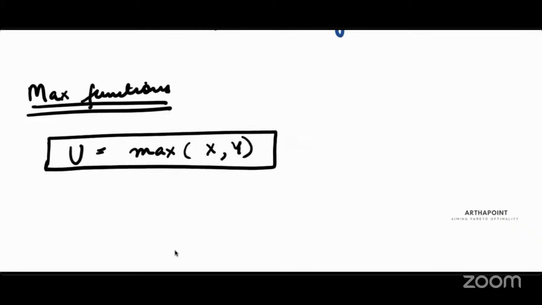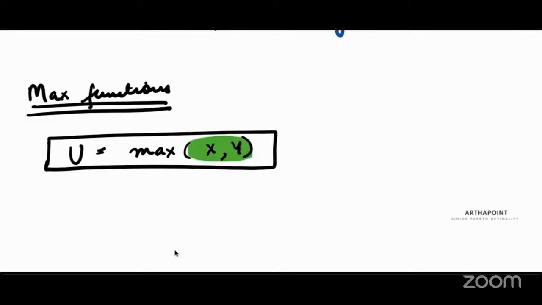What is one property of these max functions? These functions represent goods which give you positive utility. However, the two goods cannot be consumed together. For example, milk and wine. Milk gives positive utility, wine gives positive utility, but you cannot go ahead and consume milk and wine together.